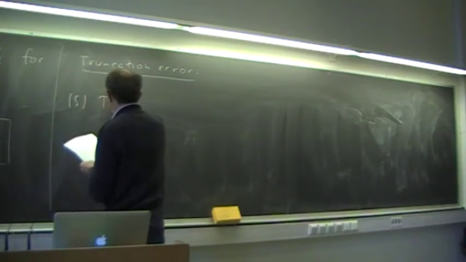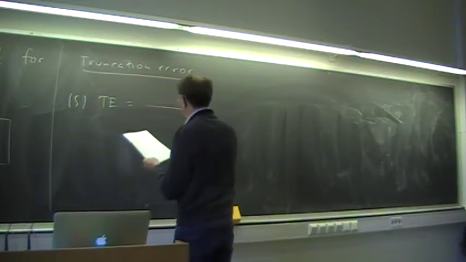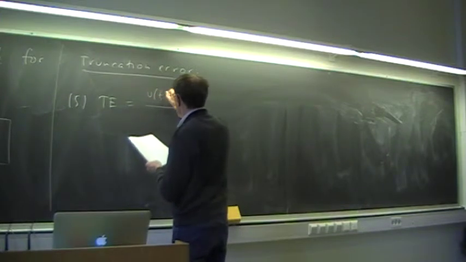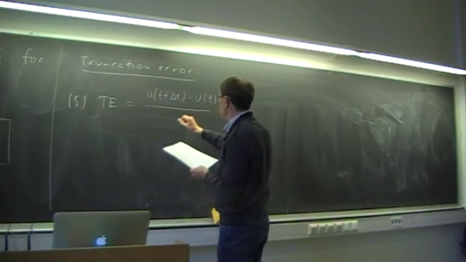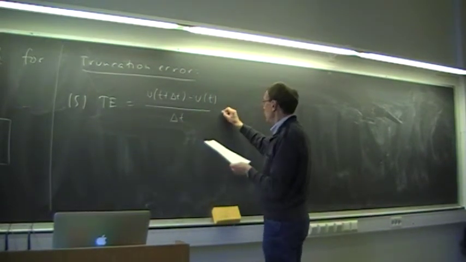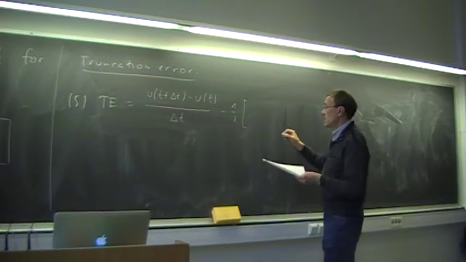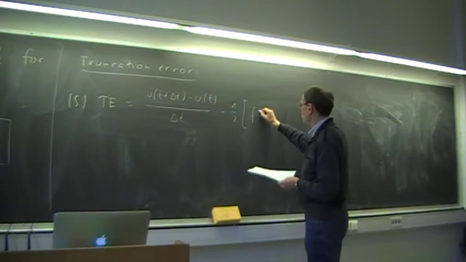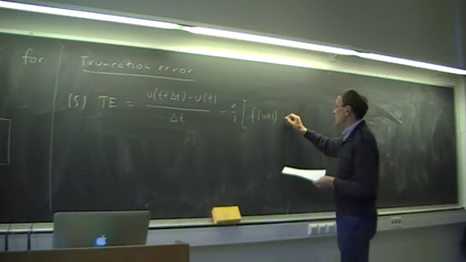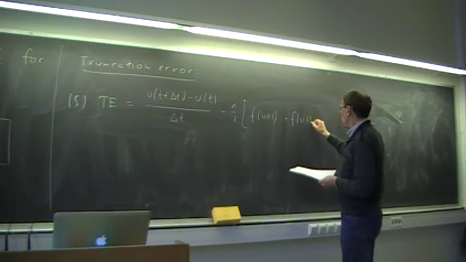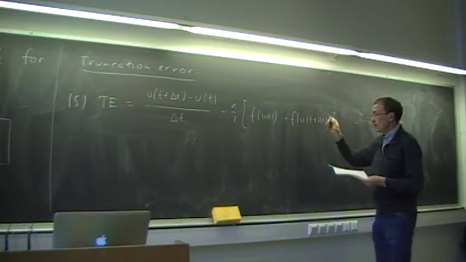So we say then that the truncation error for this problem is given by the exact solution at the new time level minus the exact solution at the old time level divided by delta t minus 1/2. And now we insert the exact solution here also for u. So that will be the u of t, and it will be a u of t plus delta t there. So that is then our analysis.